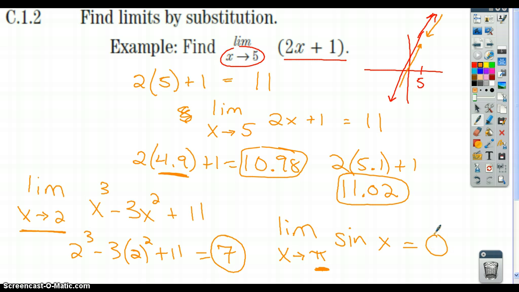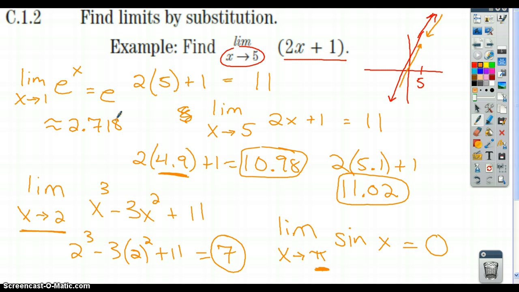So the f of x values of sine, as x gets really, really close to pi, will get really, really close to 0. And the limit as x approaches 1 of e to the x is just e, which is approximately 2.718.